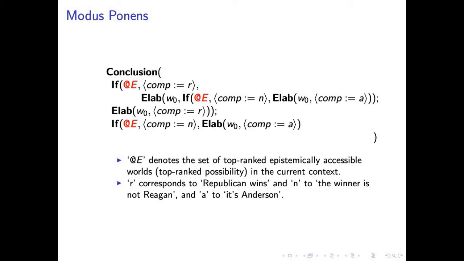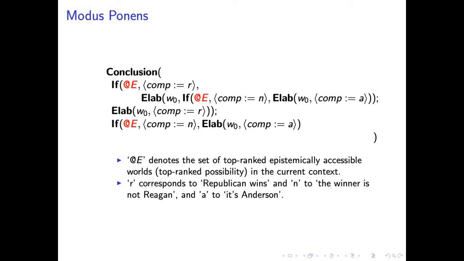The first line is our first premise, that's the right nested conditional. I'm using the top E to signal the prominent possibility at a particular point in discourse. So we start with the prominent possibility being just the one that incorporates the information about the polls, right? Then we introduce the antecedent possibility in which a Republican wins relative to that.